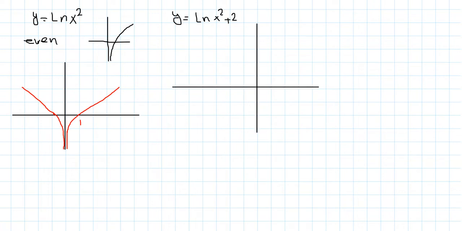We don't have any horizontal asymptote, so you cannot say y equal 2 is a horizontal asymptote. So easily we can say I have y equal ln x squared, and I know how to draw it, but the y of some points should be plus 2.